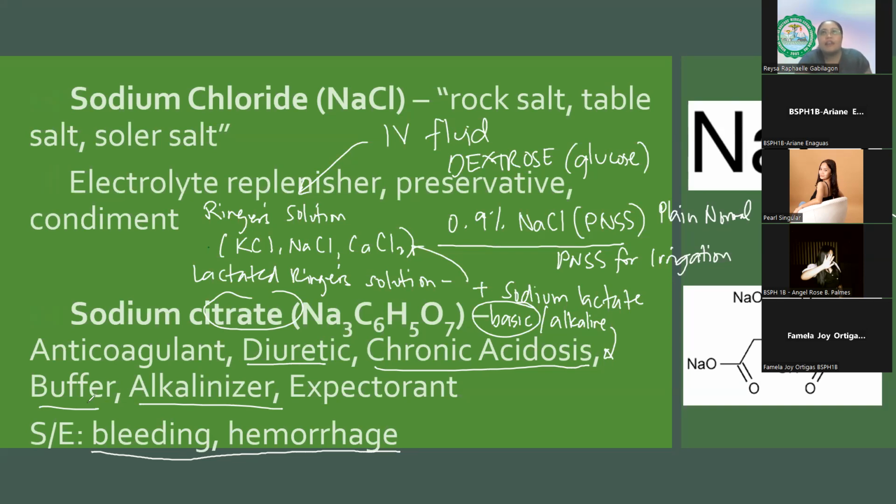Yung sa lecture natin kasi yung pinag-uusapan na natin na buffer yung ammonia water and the ammonium chloride, and then we also have acetic acid and sodium acetate. But actually, the citrate, the sodium citrate can also act as a buffer. Mag-resist din siya ng changes sa pH. And aside from that, we also have expectorant.